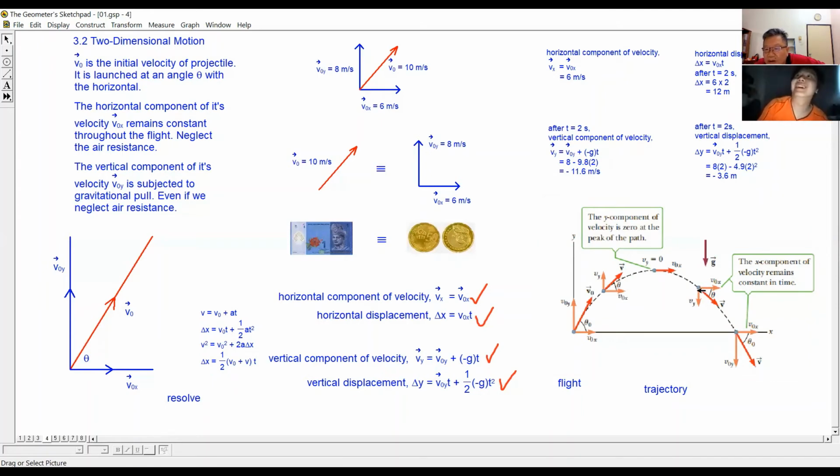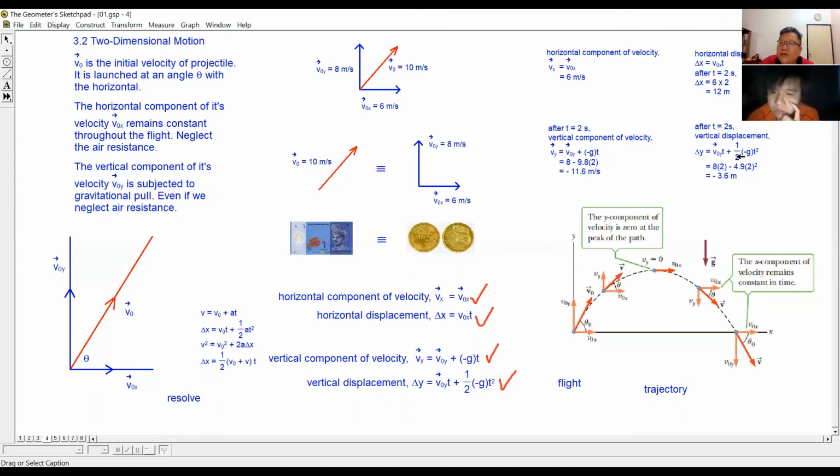Sorry. Yeah. The vertical component is pointing downwards, and we have calculated it to be 11.6. The horizontal component is still 6 meter per second. So now we have settled the velocity after 2 seconds. I want to know what is the distance covered after 2 seconds.